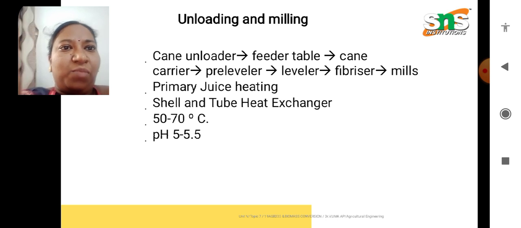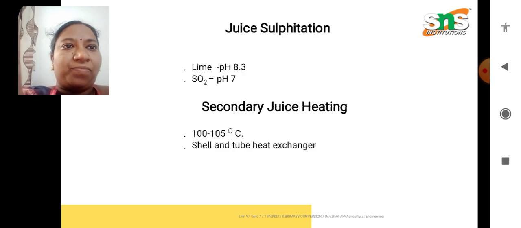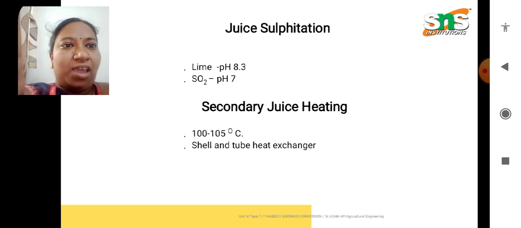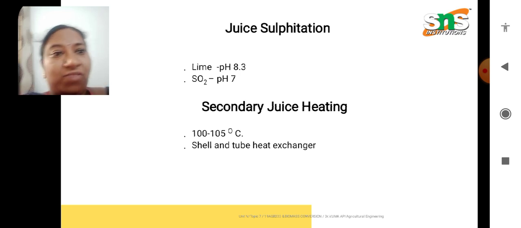The unloading and milling process takes place in a shell and tube exchanger at 50 to 70 degrees Celsius at a pH of 5 to 5.5. The sulfitation process is the addition of lime and sulfur dioxide. The pH of the lime is 8.3, and after the addition of sulfur dioxide, the pH will be 7.